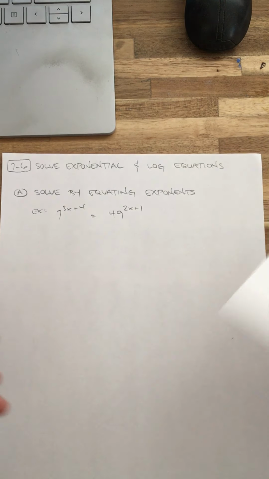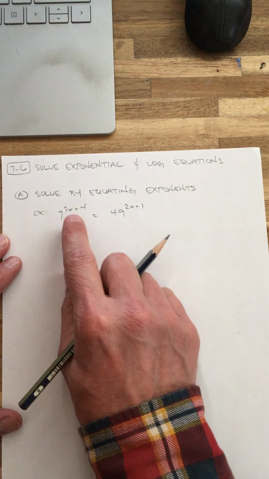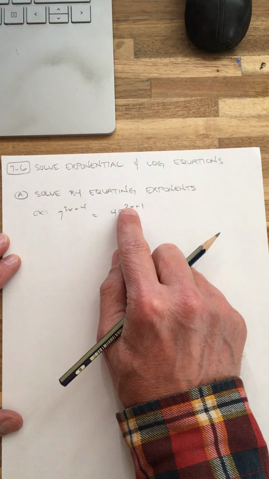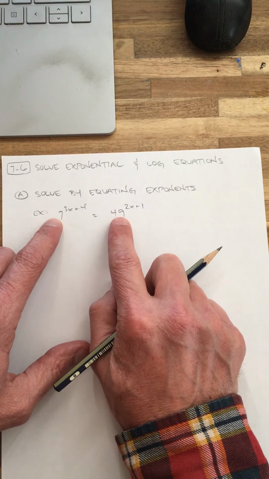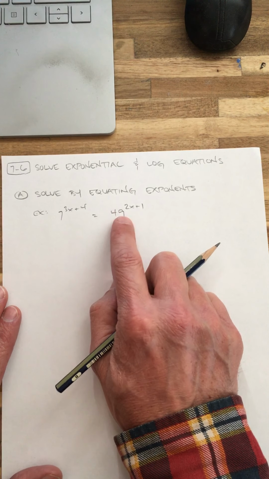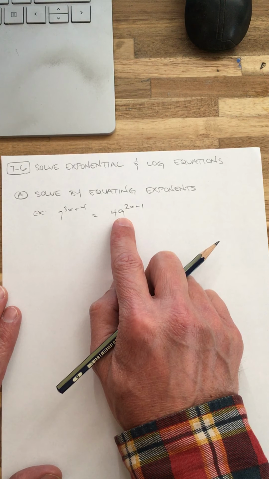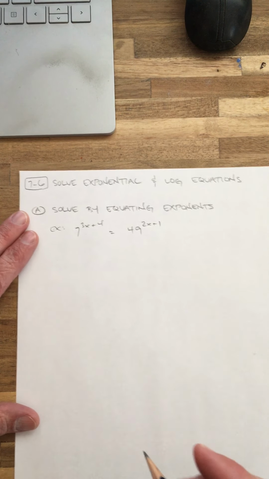Okay? So this guy over here is a little different. You can't just say 3x plus 4 equals 2x plus 1 because the 7 and the 49 aren't the same. But I can change that 49, so that I can equate the exponents. Watch this.